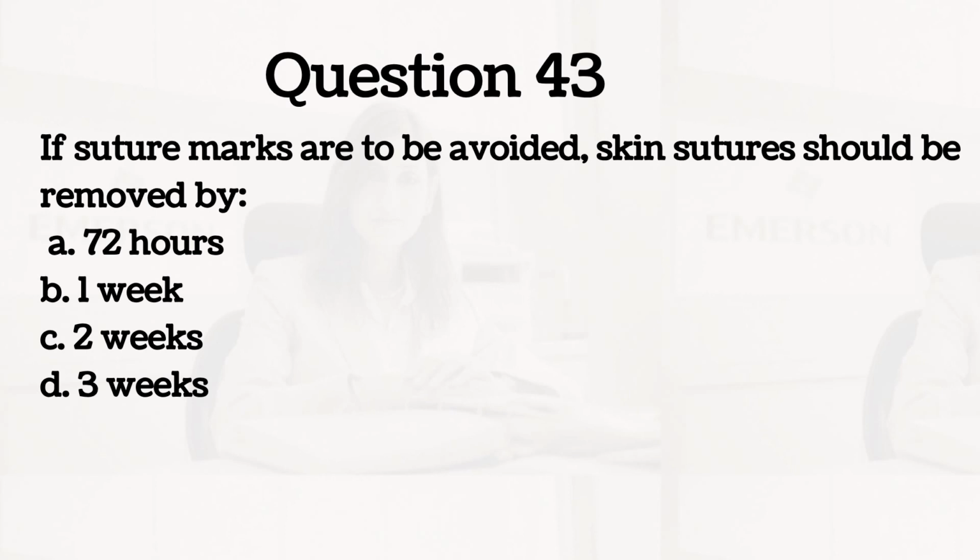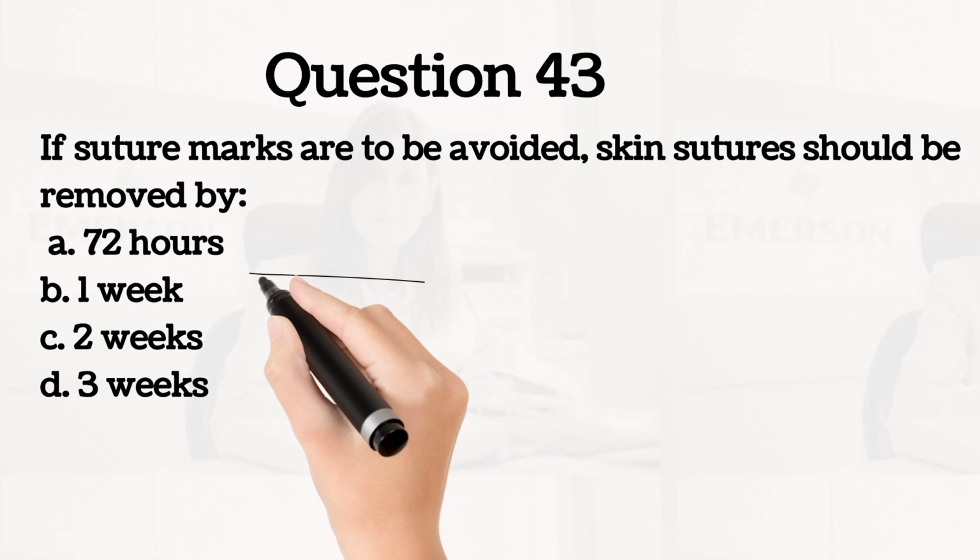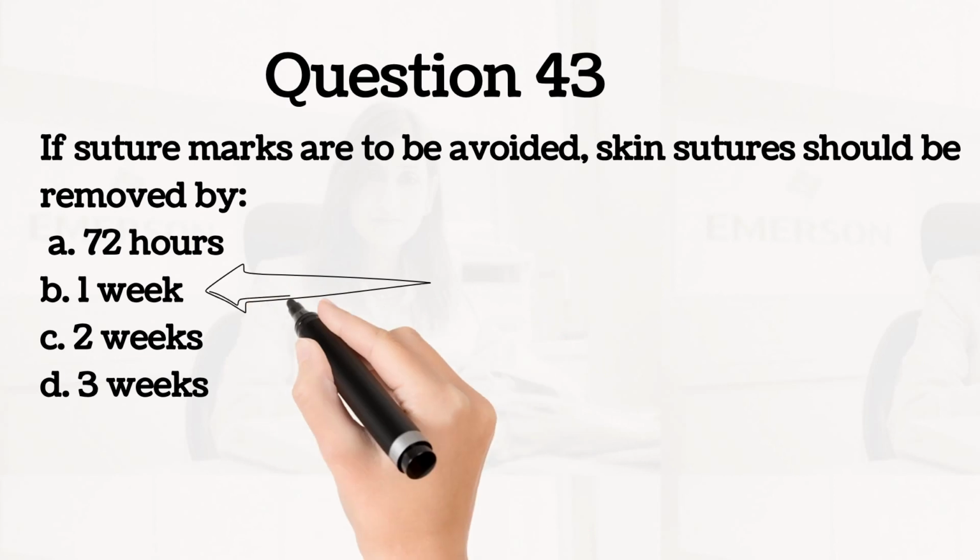So the answer for this question is B, which is 1 week. So remember, 1 week. That's the answer if suture marks are to be avoided. Remove them by 1 week, which is your 7 days.